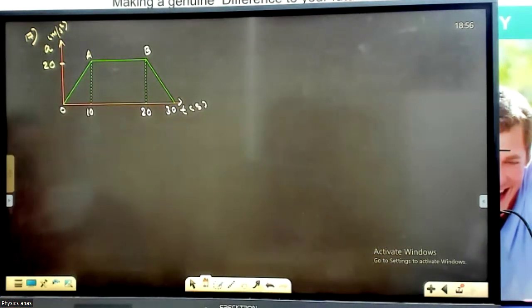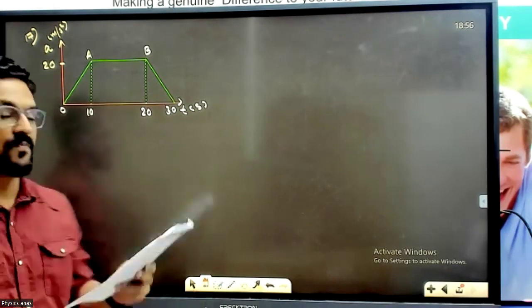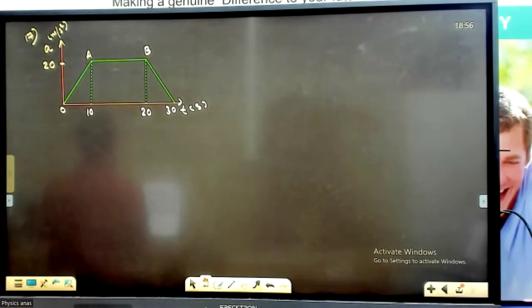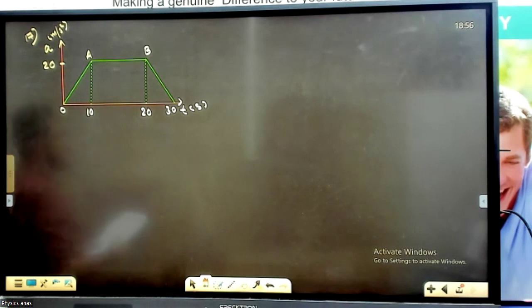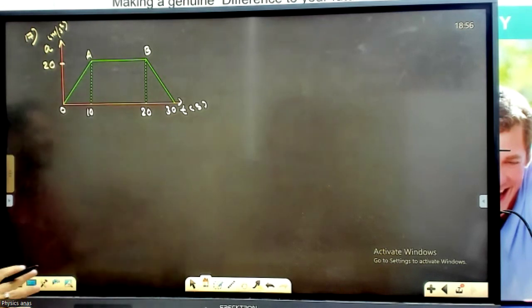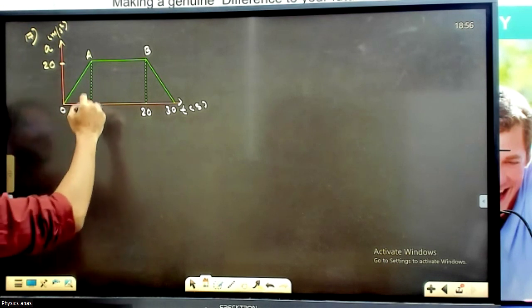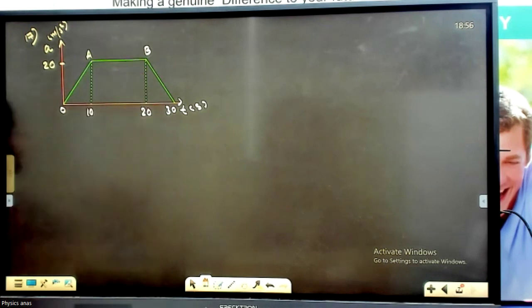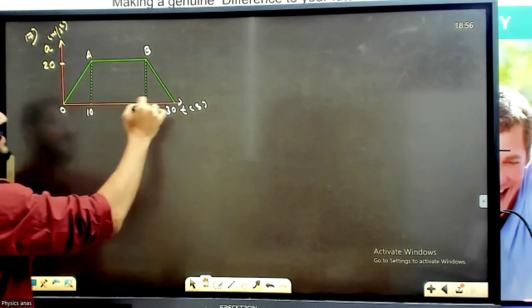Okay. Find the average acceleration in the first 30 seconds, that is the question. I will explain that idea with this rectangle.